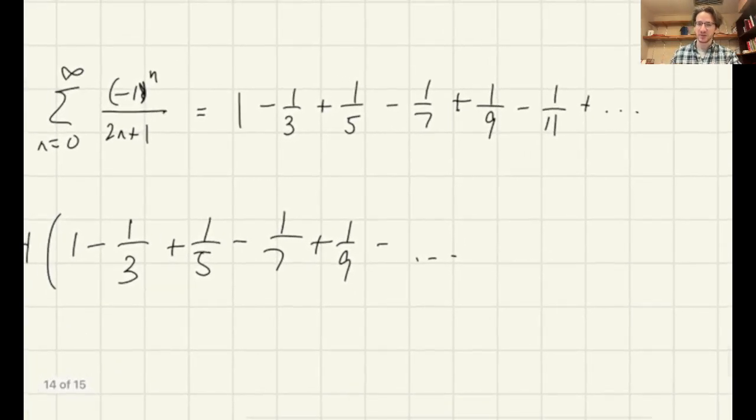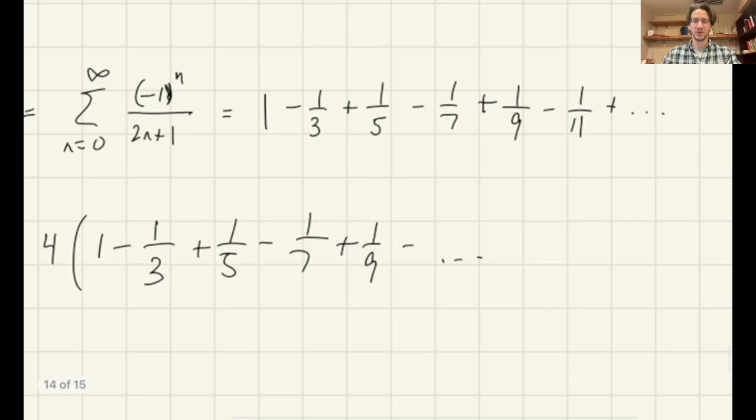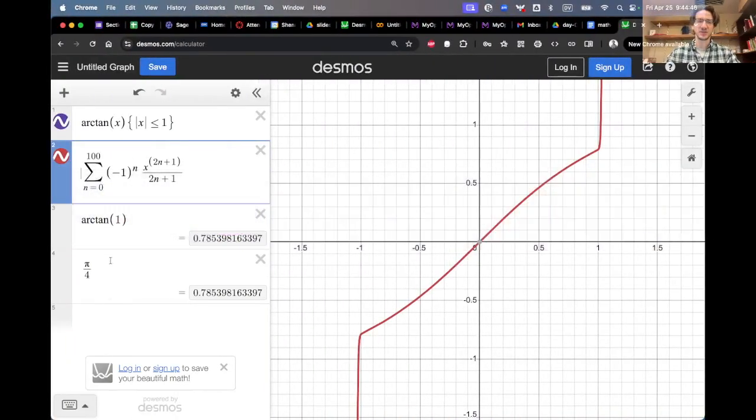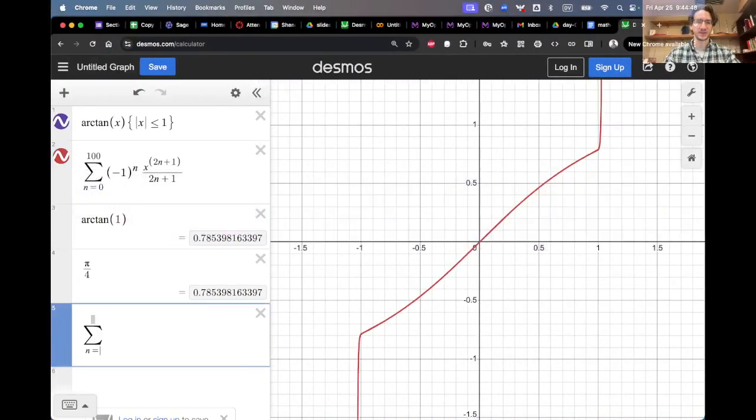So even going to the 1 over 11th term, the biggest the error could possibly be is 0.3. I still probably won't have 1 decimal point of accuracy. But let's look. Sum n equals 0 to, that's the 0, 1, 2, 3, 4, 5, the n equals 5 term, minus 1 to the n, divided by 2n plus 1. There we go.